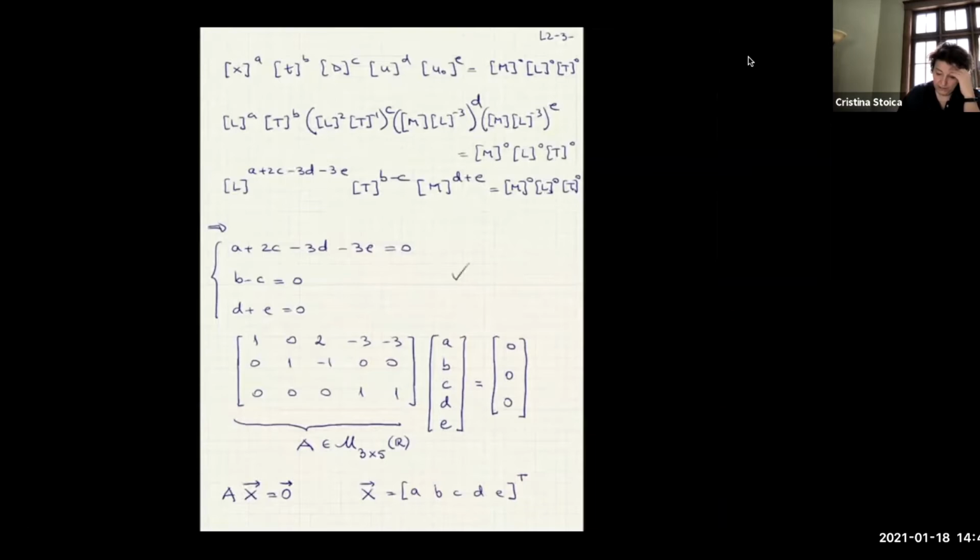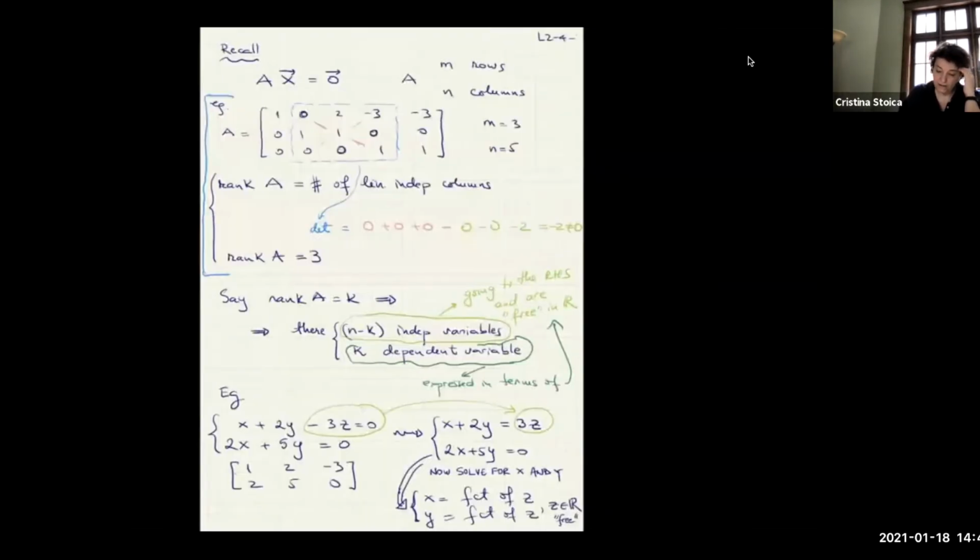Here it is. And then we did a little bit of linear algebra to solve this system, which has not necessarily a unique solution. We did a little bit of remembering of linear algebra.